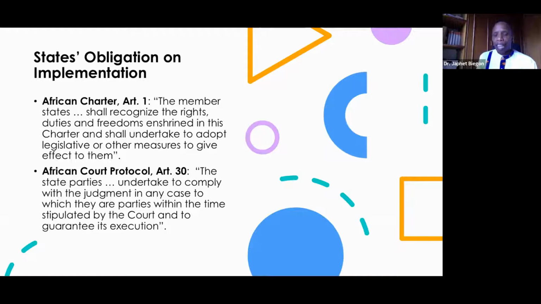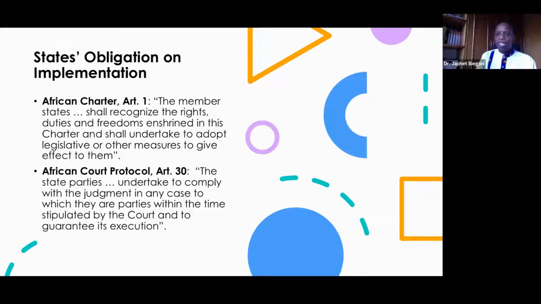But the African Commission, scholars and practitioners within the system have also argued, and I think this is a valid argument, that state parties to the African Charter have an obligation under Article 1 to implement the decisions of the African Commission. Article 1 provides that the member states shall recognize the rights, duties, and freedoms enshrined in this charter, and shall undertake to adopt legislative or other measures to give effect to them.